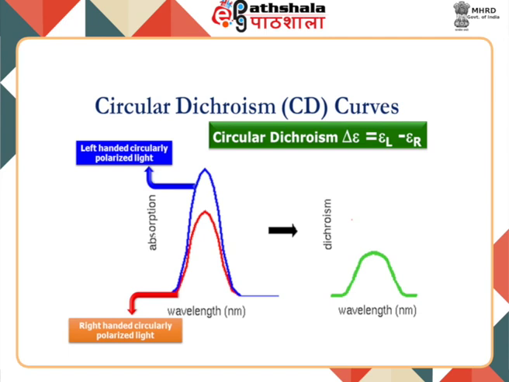The difference between the absorption of left and right handed circularly polarized light is measured as a function of wavelength. CD is measured as a quantity called mean residue ellipticity, whose unit is degrees centimeter square per decimole.